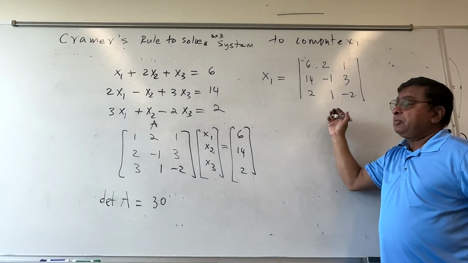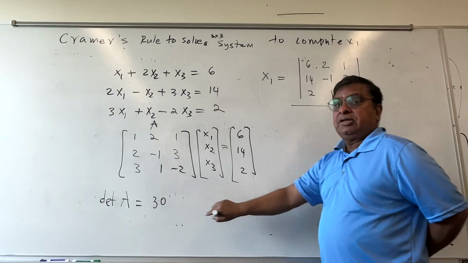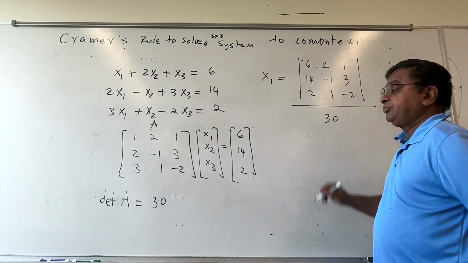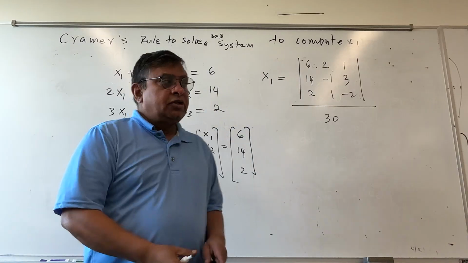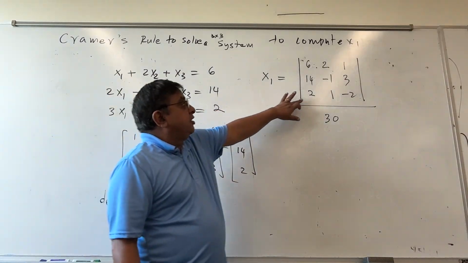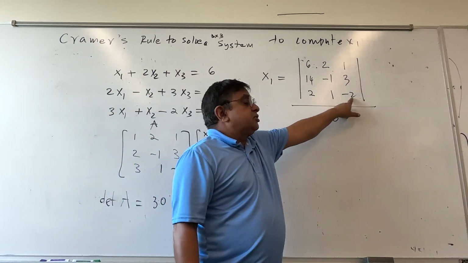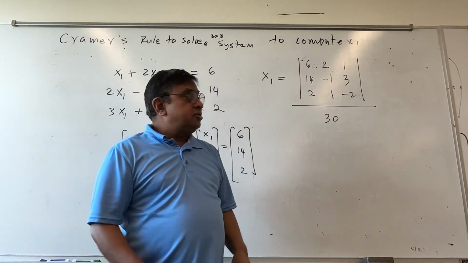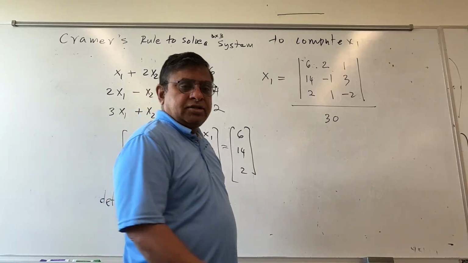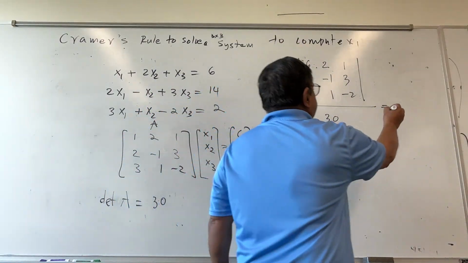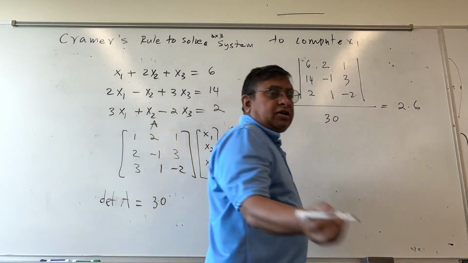That goes to the top, divided by the determinant of the matrix goes in the bottom, which is 30. That's the value of x1. So one more time, this is the output matrix, and the second and third columns did not change. And if you compute this, you get 2.6. That's the value of x1.